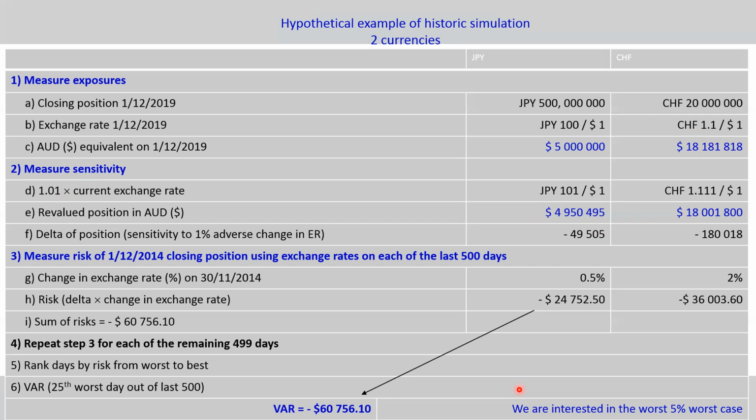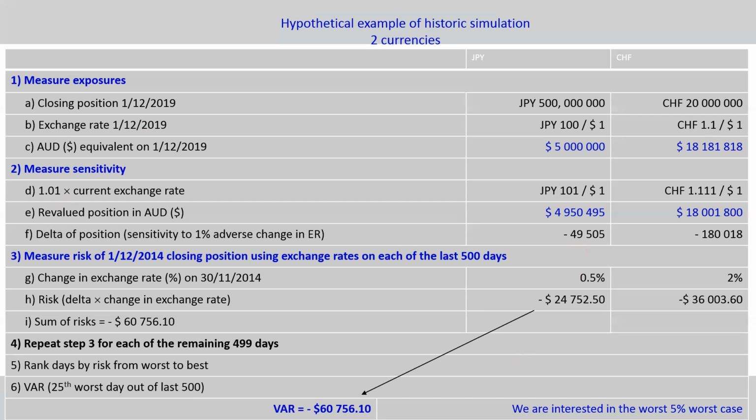So you will take the last 500 days, see the changes, using the delta, transfer this to dollar values, sort them for the last 500 days, and then get the worst 25 days. That is your VAR.